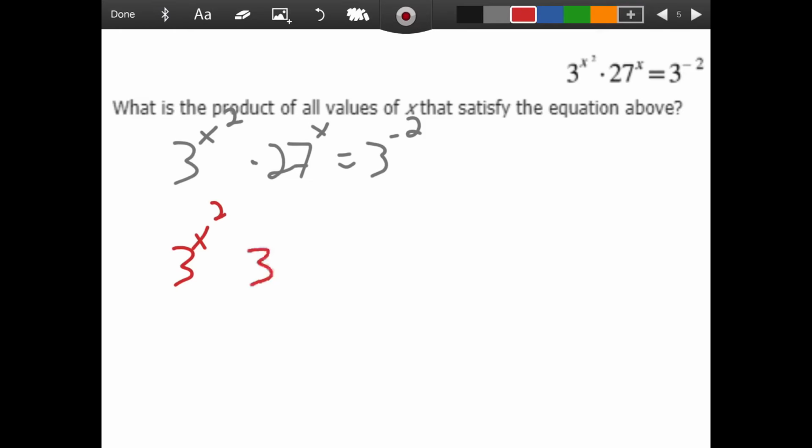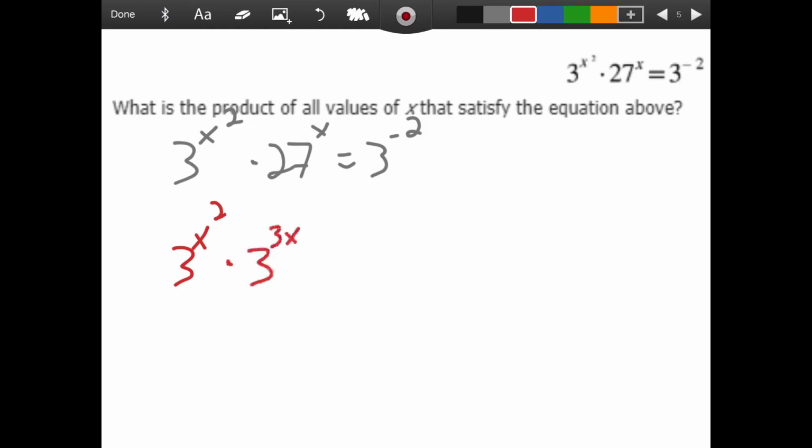Remember, we can't just change a number. So 3 to the second power is 9. 3 to the third power is 27. So remember, when you have an exponent raised to a power, you multiply them.